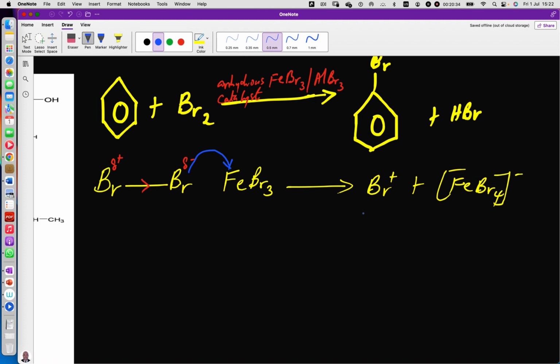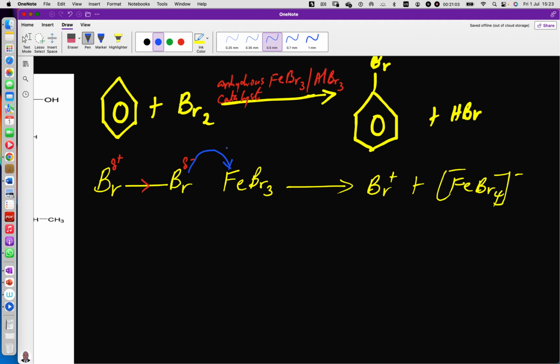This electrophile will now be attracted to the electron-rich benzene ring, and since there are delocalized pi electrons there, 2 electrons will be donated to the electrophile, thereby distorting the ring.